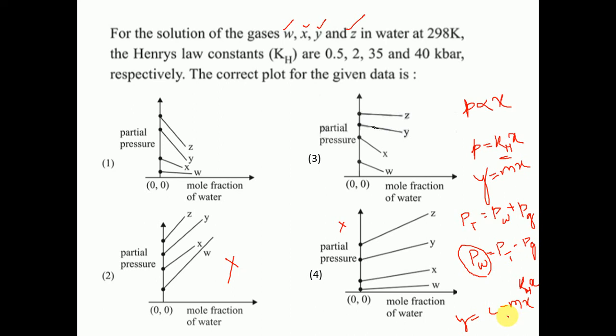Minus because of minus m. Now with the values of the slope, or values of KH, we will get the plot for the respective gases. So the correct answer will be option A, because here we have the lowest slope for W, then X, then Y and then Z.